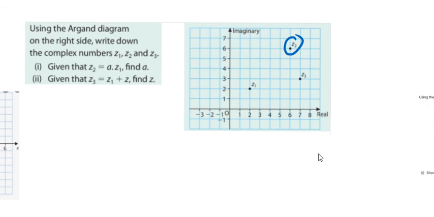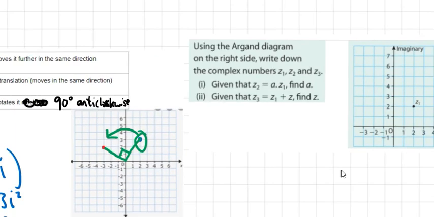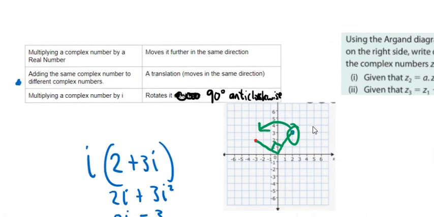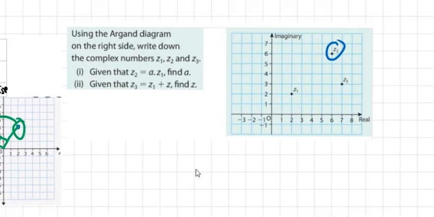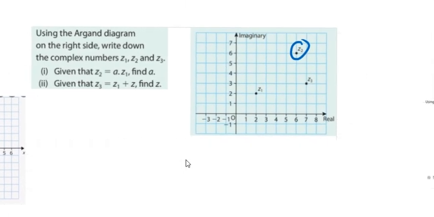We know from the first rule that multiplying a complex number by a real number, and a has to be a real number here, just moves it further on in the same direction. So z1 has been multiplied by something to give us z2, and we have to figure out what.